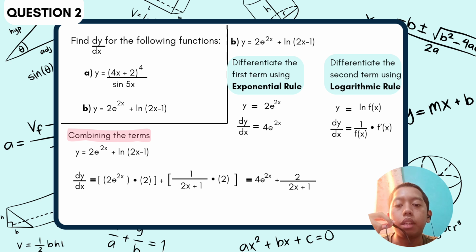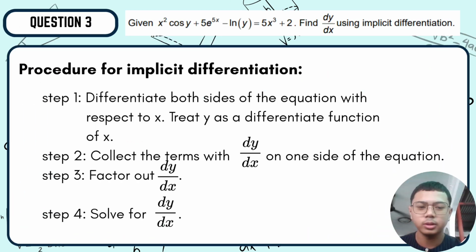So this part becomes 2 over open bracket 2x minus 1 close bracket. Combine both terms and the final derivative is 4e to the power of 2x plus 2 over open bracket 2x minus 1 close bracket. Next, we move on to question 3.